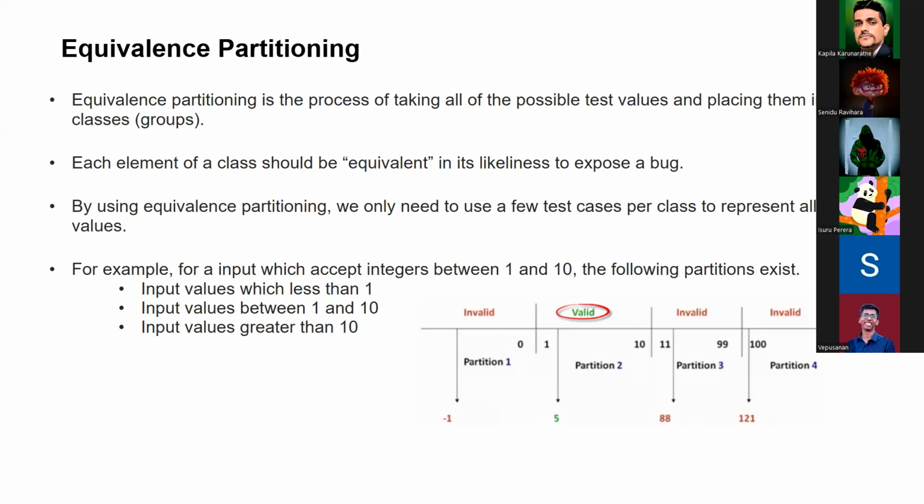Think you are going to open an account using the internet banking application, and they will ask your age. Based on your age, they will decide your interest rate. So if someone below 12 opens an account, the interest will be 10%, if between 12 to 60, it is 8%, and above 60, 15%.